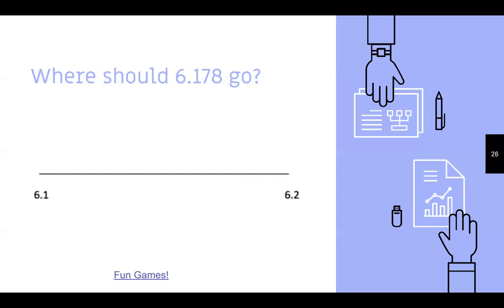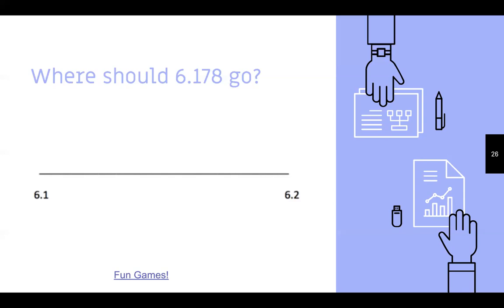And this is just a number line. 6.1 is on the left, 6.2 is on the right. Where should 6.178 go? Now, we're going to be talking about rounding soon and things like that. But where should 6.178 go? Well, first of all, let's just analyze that decimal, right?